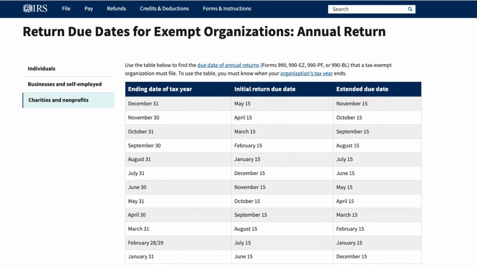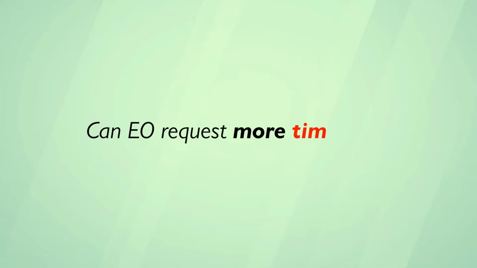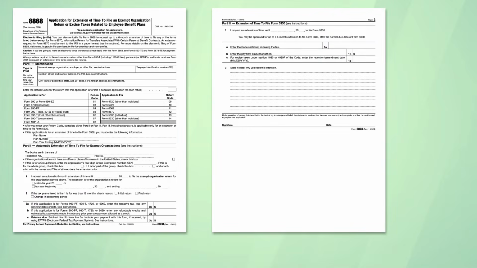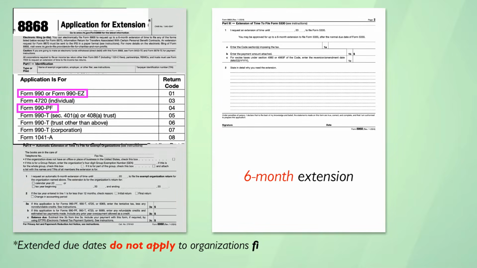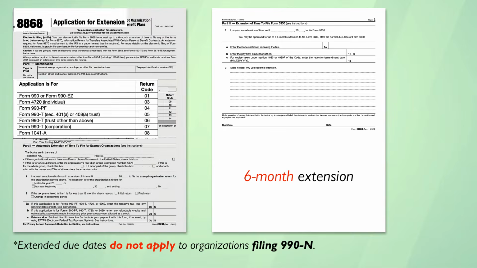If the organization uses a fiscal year, the deadline for July 31st, 2024, for example, will be December 15, 2024. Can an exempt organization request more time to file? Yes. Any Form 990 or 990-EZ filer can file Form 8868 to receive an automatic 6-month extension.